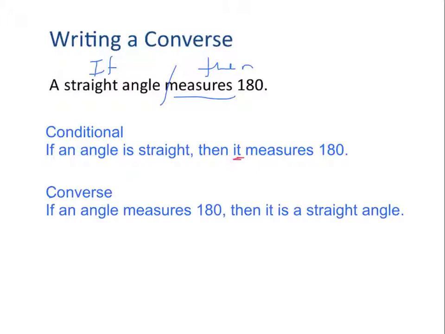So the converse of that is, if an angle measures 180 degrees, then it is a straight angle.